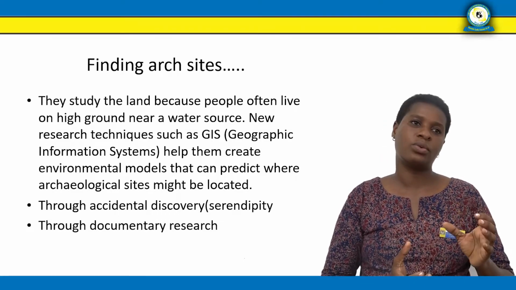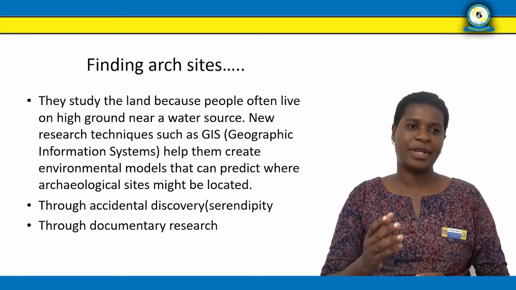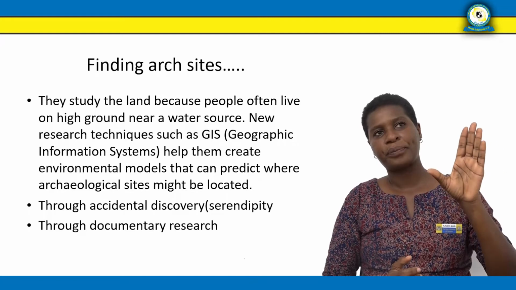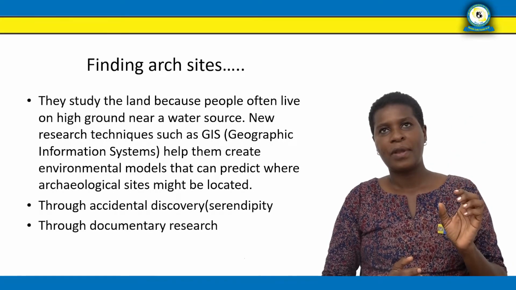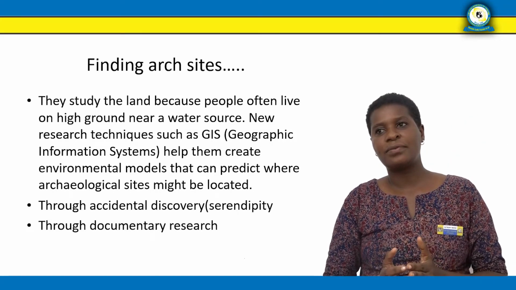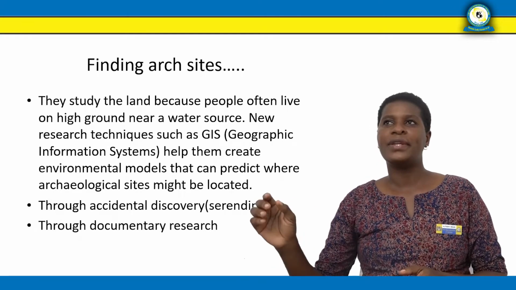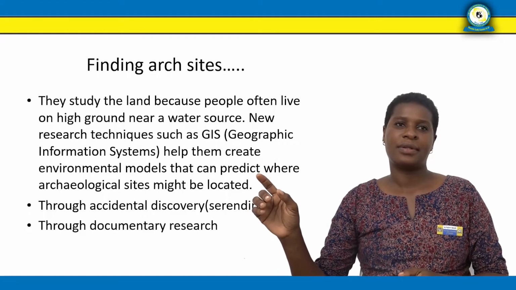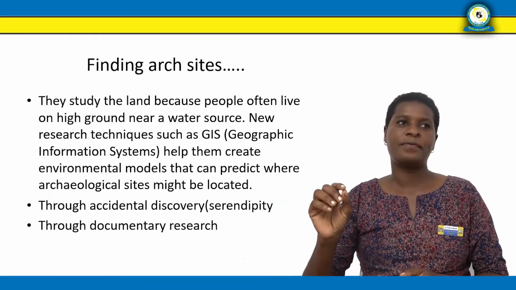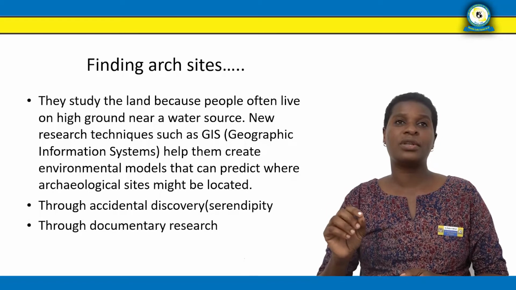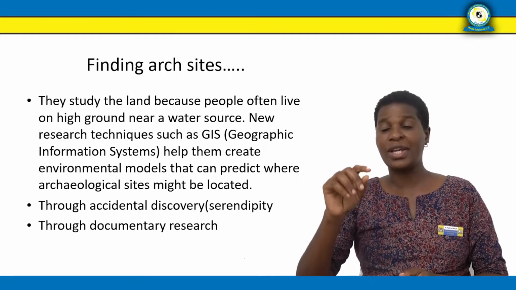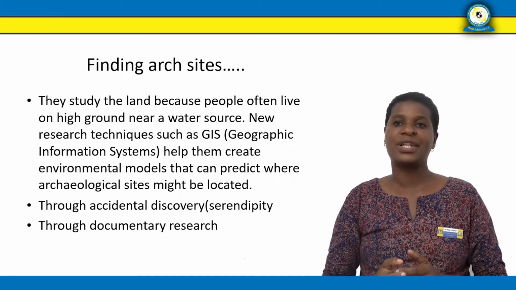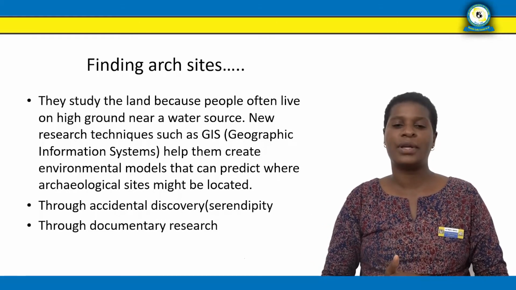You can use it to locate a place. Sometimes you might have read something from written documents, but it is not easy to go and locate the place directly. So if not through information from talking to people, you can use GIS, which can direct you to the place you are looking for.